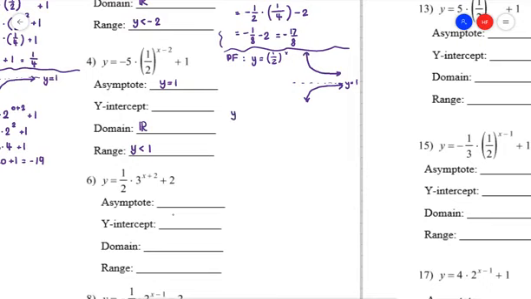And then finding our y-intercept, plugging in a 0 for x. 1/2 to the negative 2 power is 4. Negative 20 plus 1, again, is negative 19.